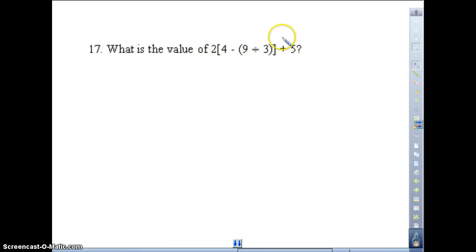So let's look at our parentheses first, all right? Those brackets are a set of parentheses, and inside the brackets, I see another set of parentheses. So we're going to take 9 and divide by 3 first. So inside here we get 3. Now still inside these brackets, I have 4 subtract 3, which is what?